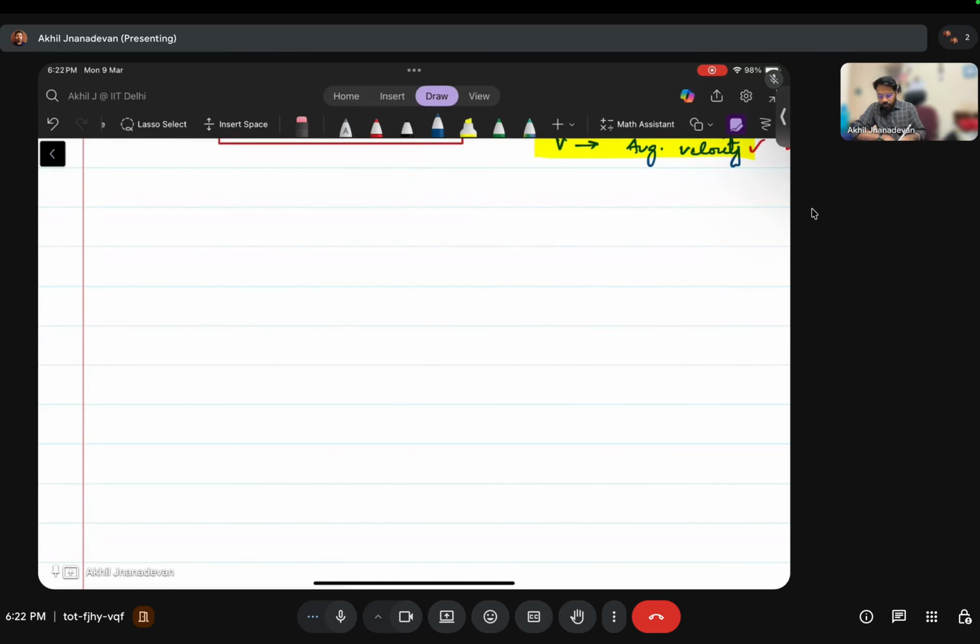The problem with the measurement of velocity is the velocity distribution. If we see the velocity distribution in the vertical direction, the velocity is not uniform, right? It is not at all uniform.